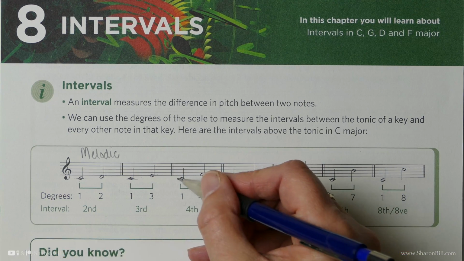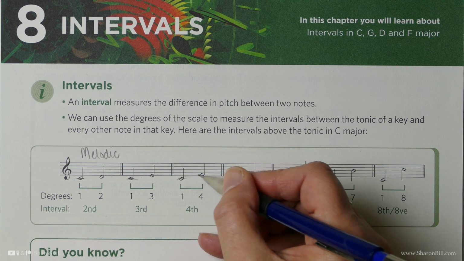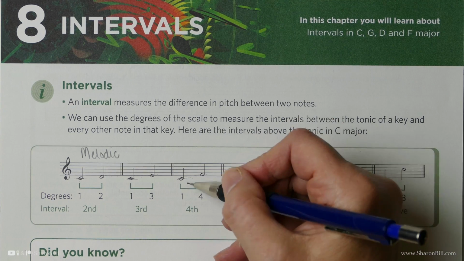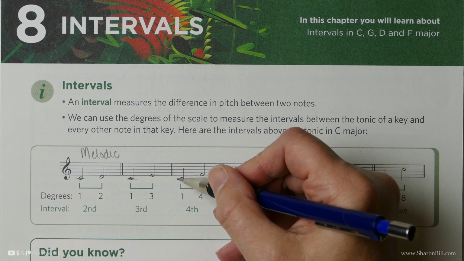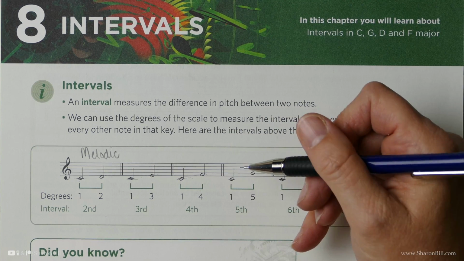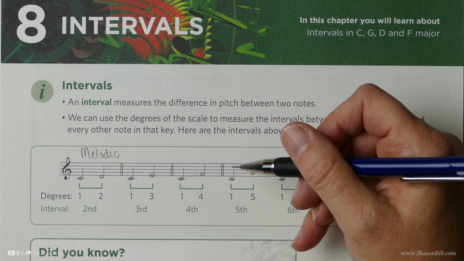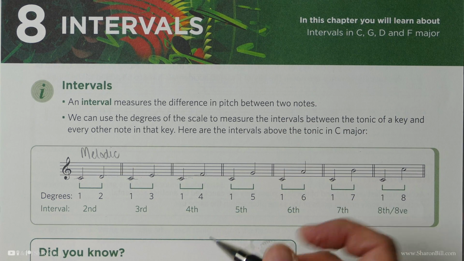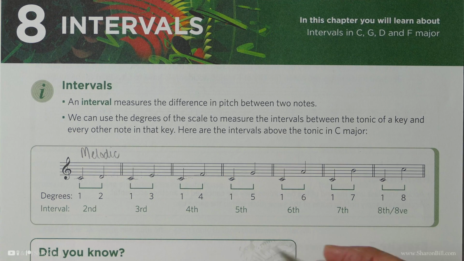From C to F, counting this first step, 1, 2, 3, 4. Line, space, line, space. So you're always counting every single line, space, or space, line, depending where your first note is starting from.